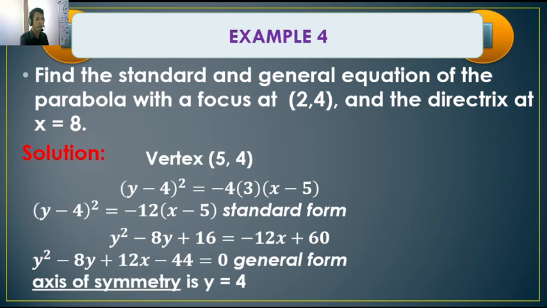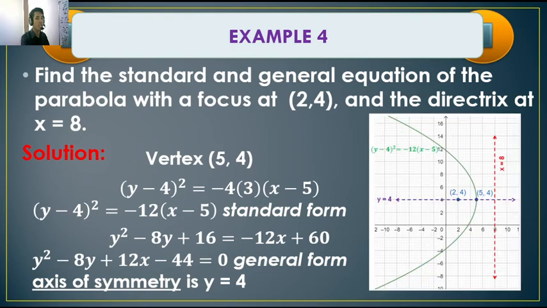And the axis of symmetry is y is equal to 4. To graph that, the orientation of example number 4, the equation (y minus 4) squared is equal to negative 12 times (x minus 5), opens to the left. Okay, so we indicate all the properties of the parabola there.